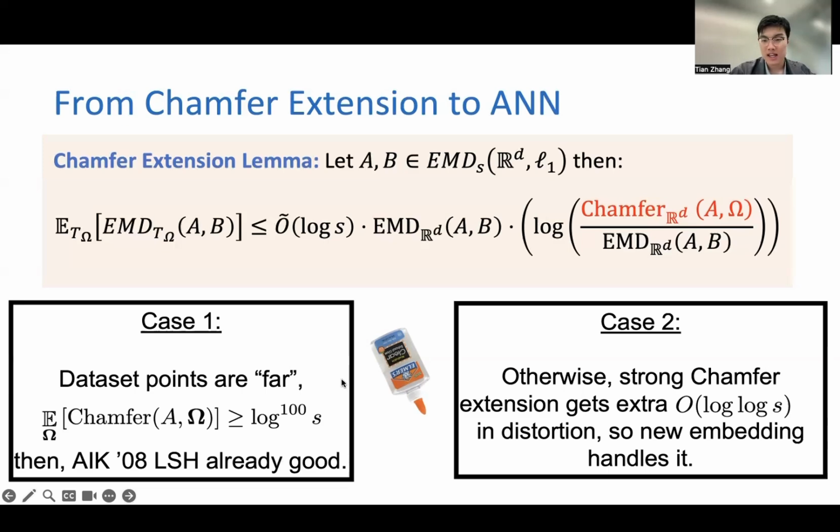And for the second case, well, we use a lot of data dependent weights, so we know the hybrid tree is good for that case. And we only get the log S extra distortion factor here if the chamfer distance is something poly log S.